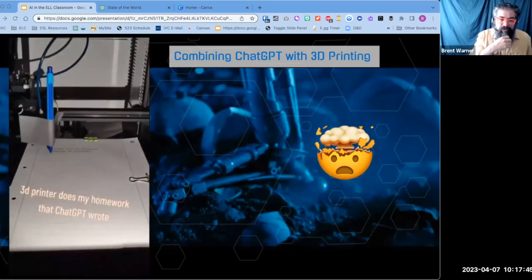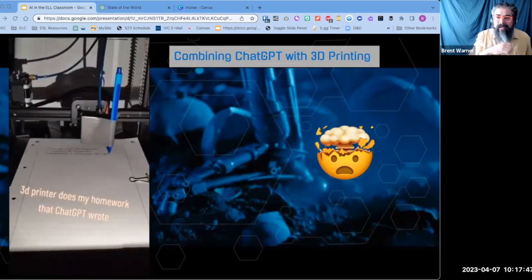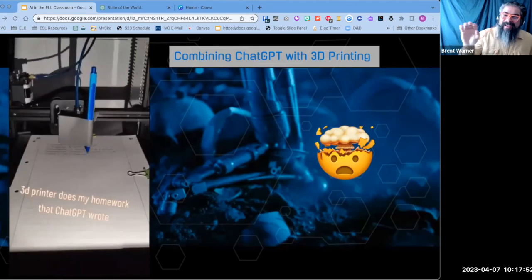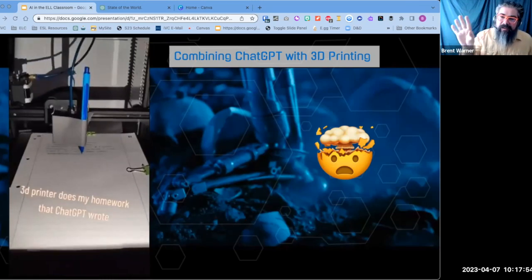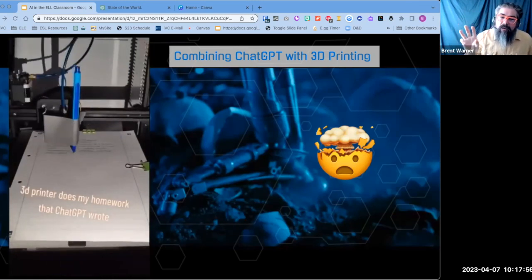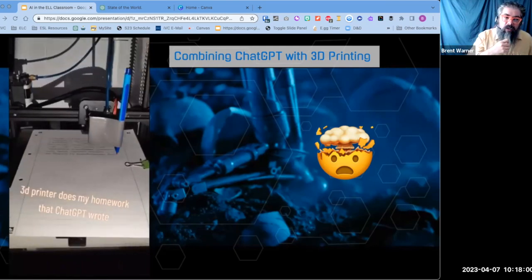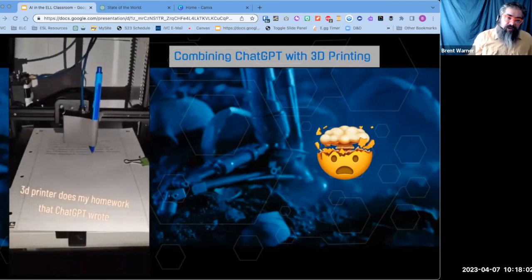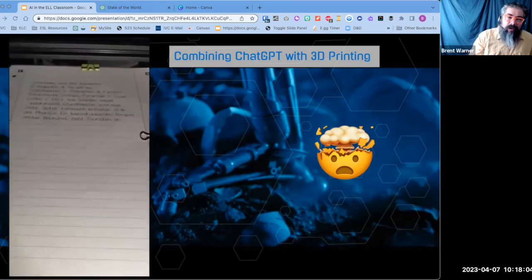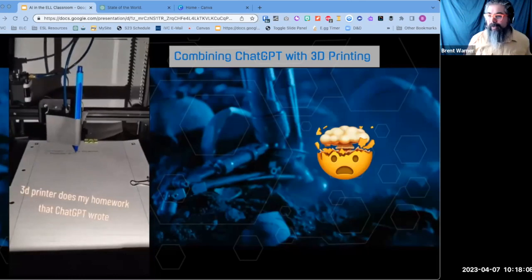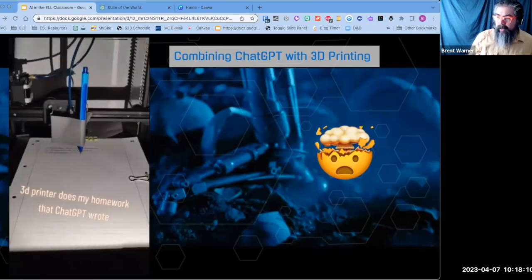So the 3D printer did the homework, ChatGPT wrote it. This student in my class gets an A just because that's amazing. You know, this is a really interesting understanding of saying, oh, well, now we're starting to combine these different points together, and we're starting to see how different technologies can come. But the conversation around, okay, well, I'm just going to make students handwrite things, I mean, it's not going to be valuable for very long.